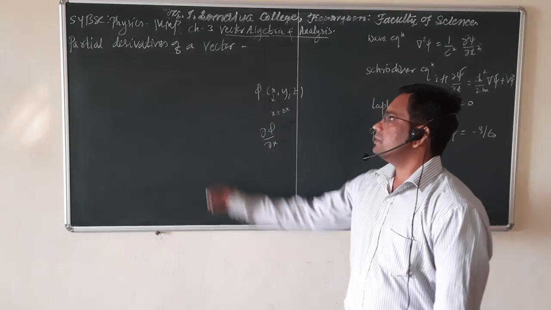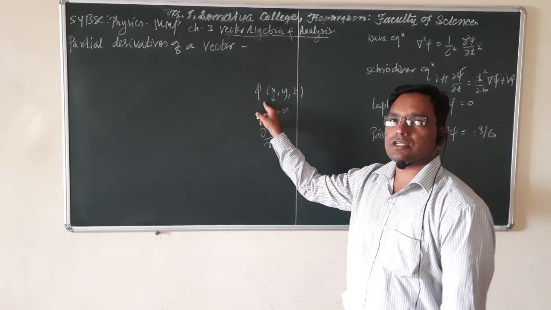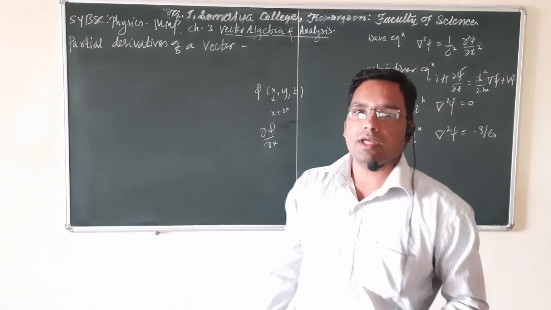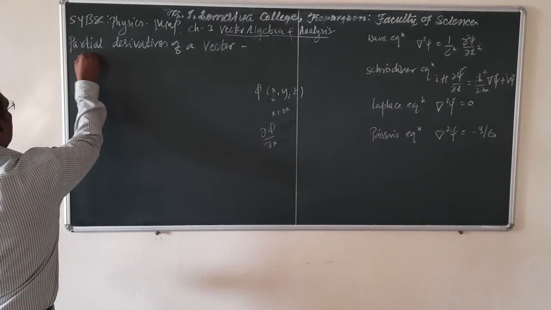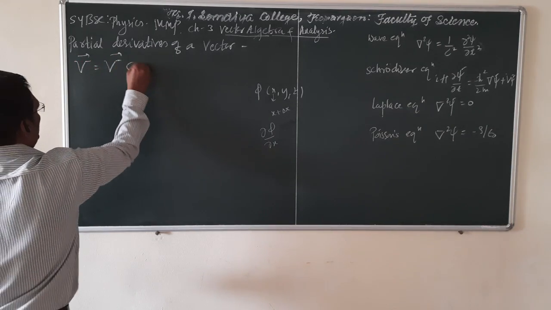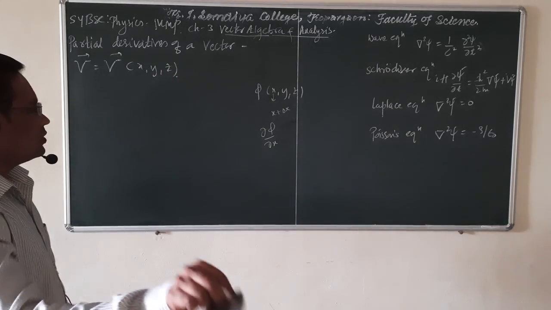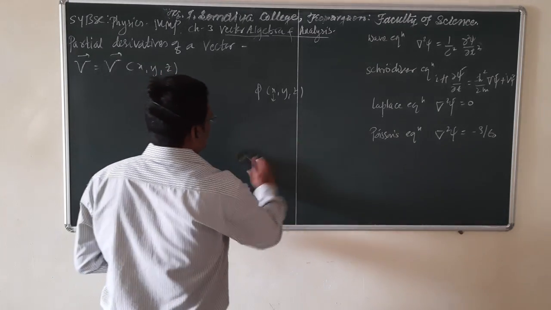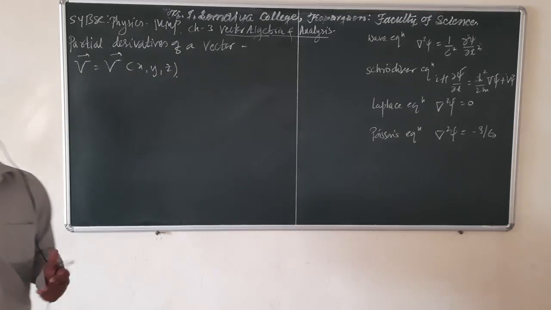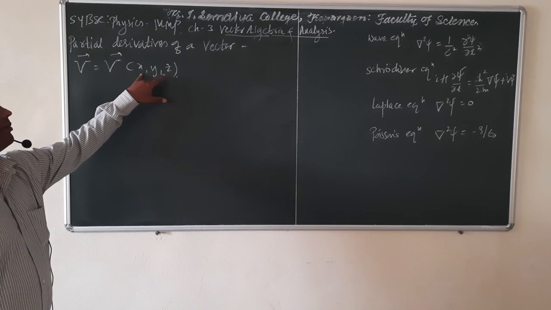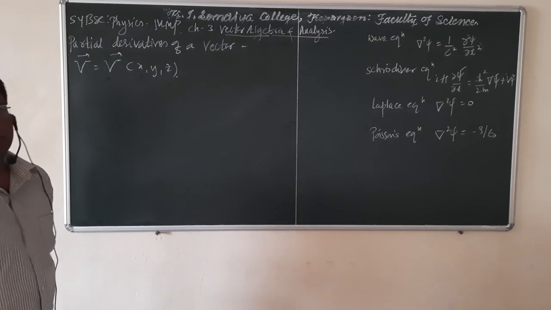Now we have to see a similar definition, but instead of a scalar function we take a vector function. Suppose vector v is a vector function of x, y, and z. Again we have more than one variable, 2, 3, 4, 5, etc. These are the variables of which this vector field function is a function.